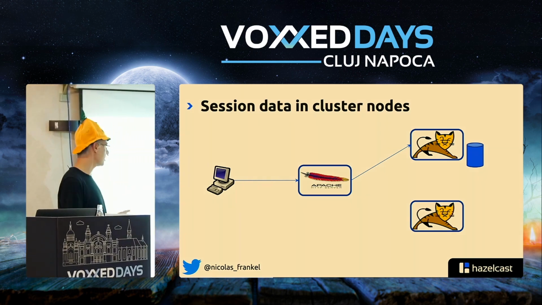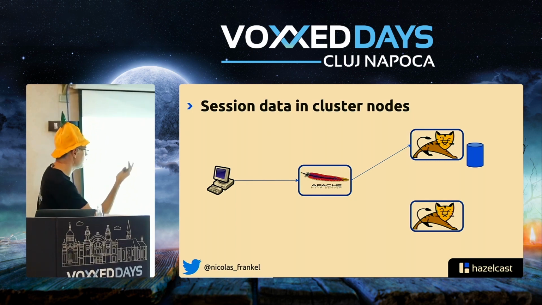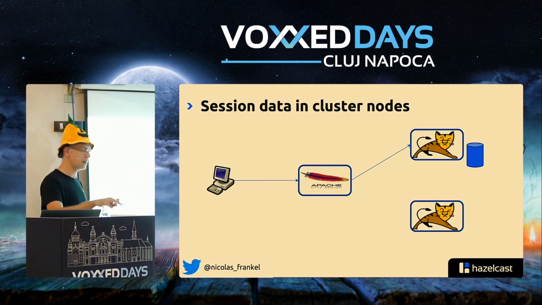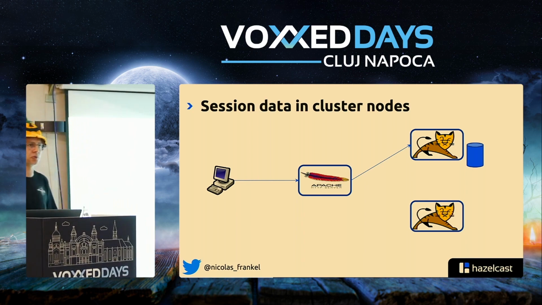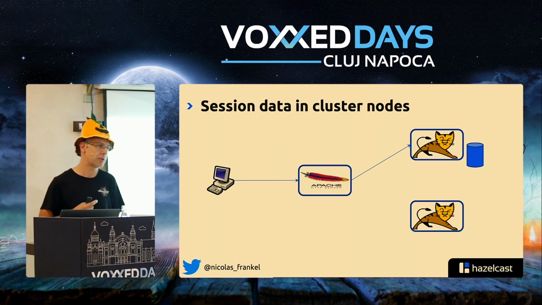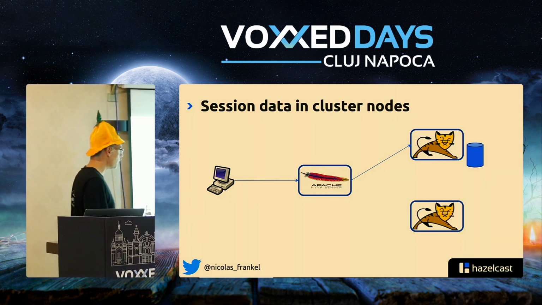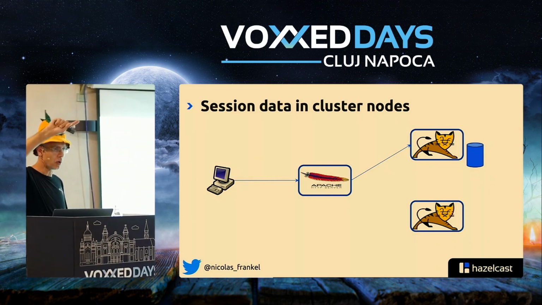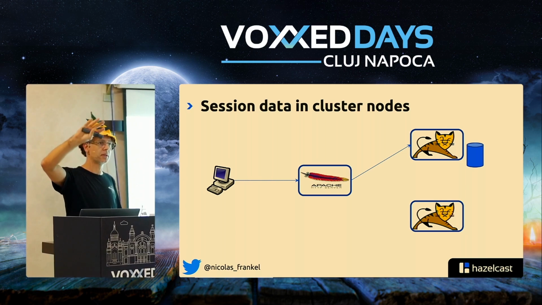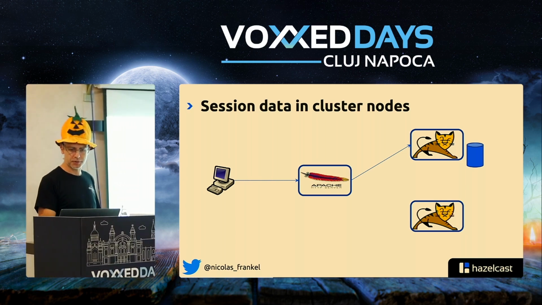Because if you have, again, an e-commerce and the cart is on the first node and the first node dies, and it will die, believe me, then when the user gets redirected to the second node, which is working, he has no cart. If you are doing e-commerce, that doesn't work like that. So what you want is to replicate your data over all nodes so that if there is a failure, then you can get the cart session.